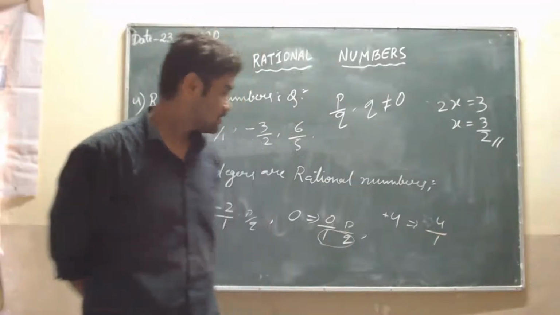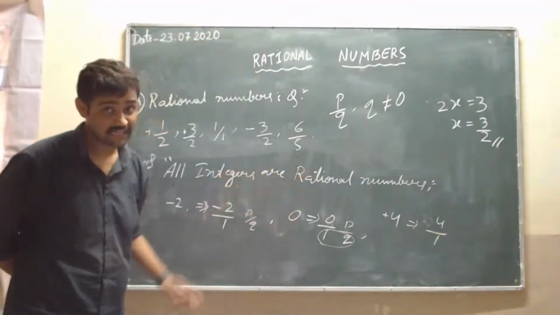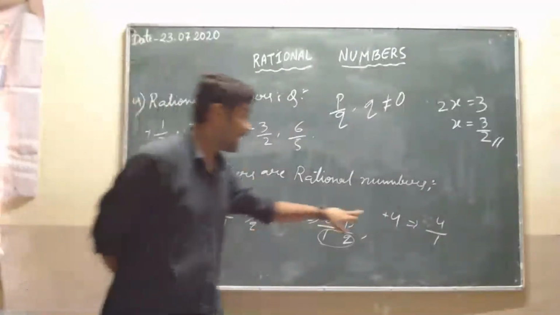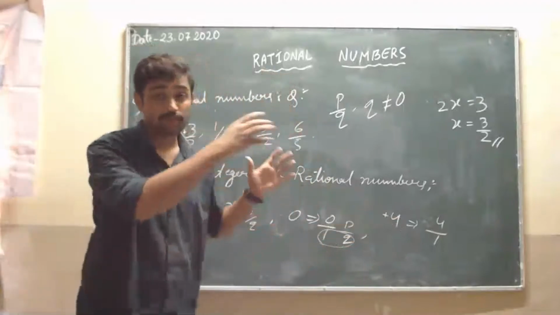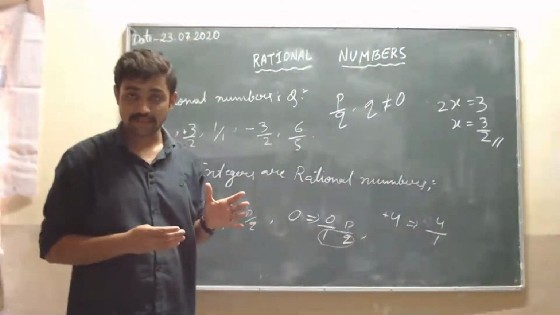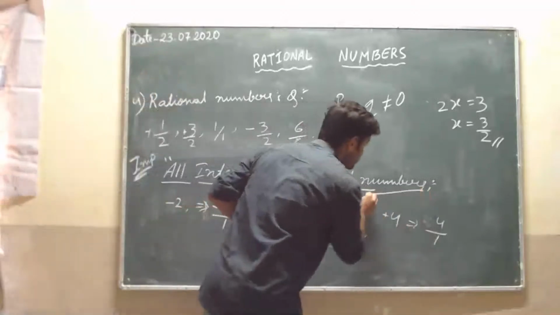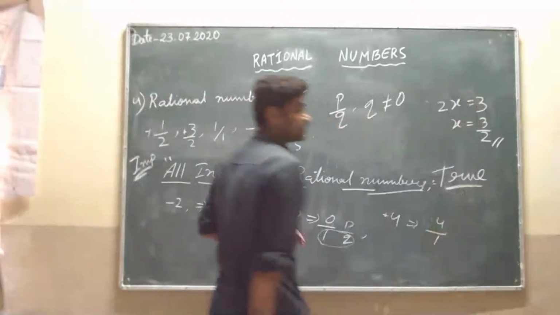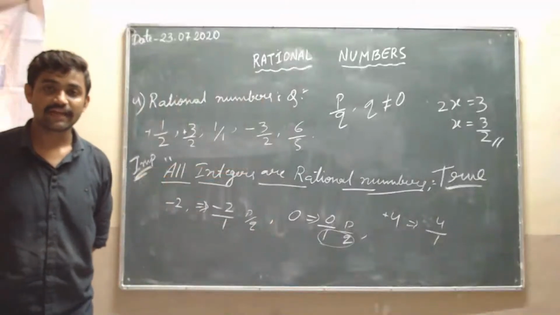Understood? Then we can say that 0 is also a rational number, and minus 2 by 1 is also a rational number, and 4 by 1 is also a rational number. By seeing all these examples, we can say that the above statement is true, that is, all integers are rational numbers.